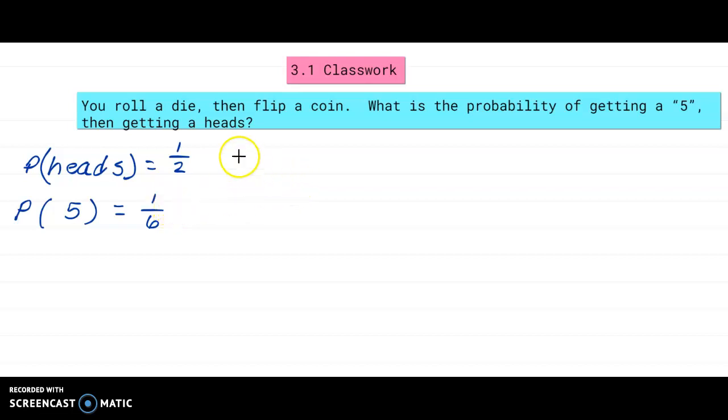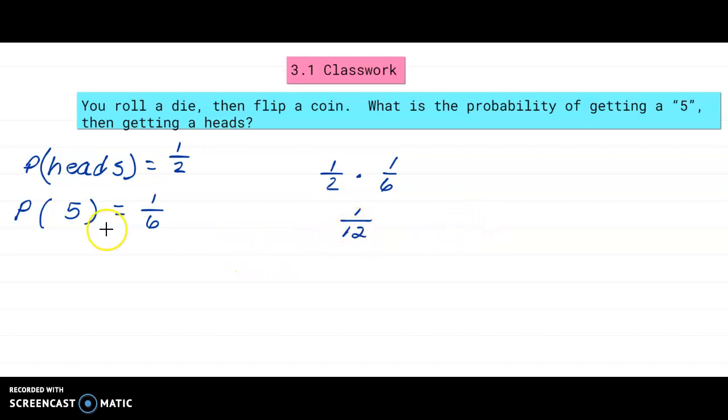So when you want to find the probability of one thing happening and then the other thing happening, you multiply the probability of the first thing times the probability of the second thing. So you're going to multiply 1/2 times 1/6. 1 times 1 is 1. 2 times 6 is 12.